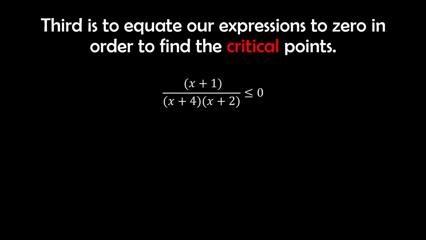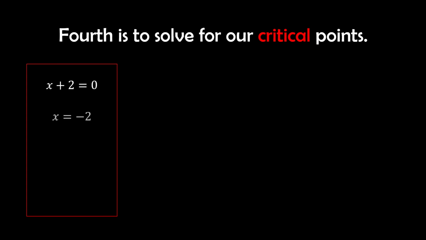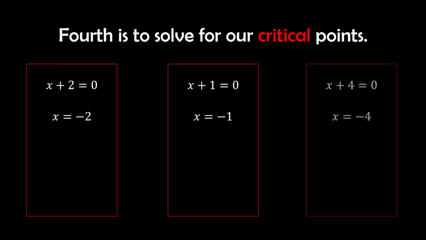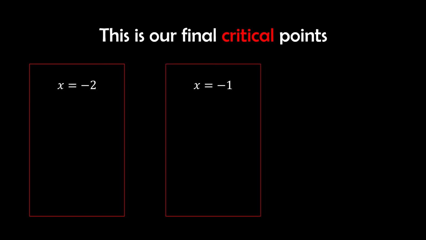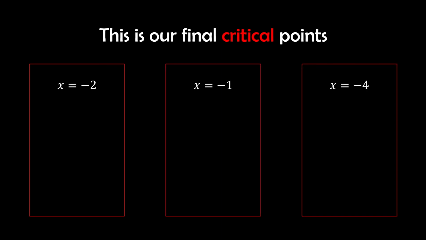Third step is to equate our expressions to 0 in order to find the critical points. Fourth is to solve for our critical points. This is our final critical points, negative 2, negative 1, and negative 4.